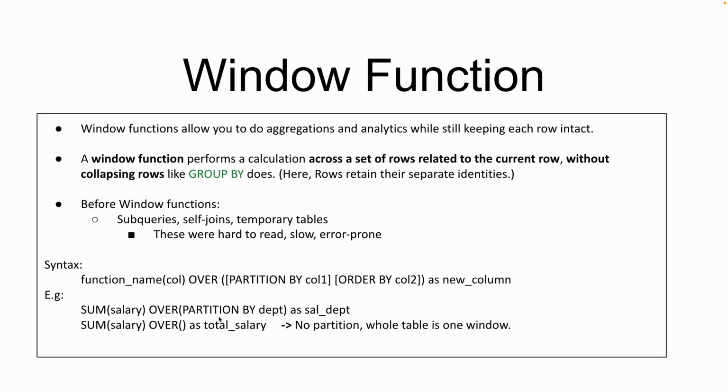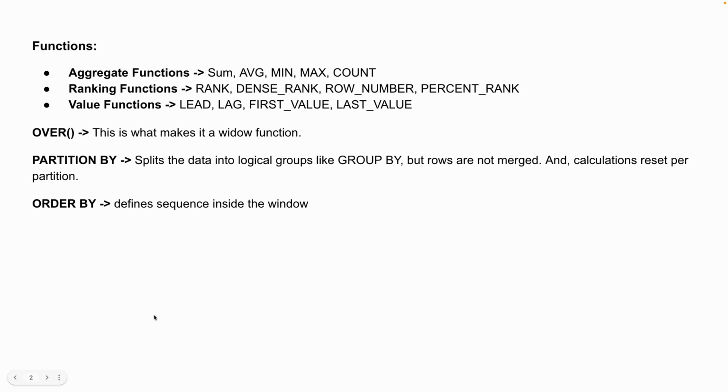So you will get the sum of salaries for each department. And if you do SUM of salary OVER with just open and close parentheses, then you are not partitioning your table, and your whole table is one window. Okay, so this is how you basically use a window function.